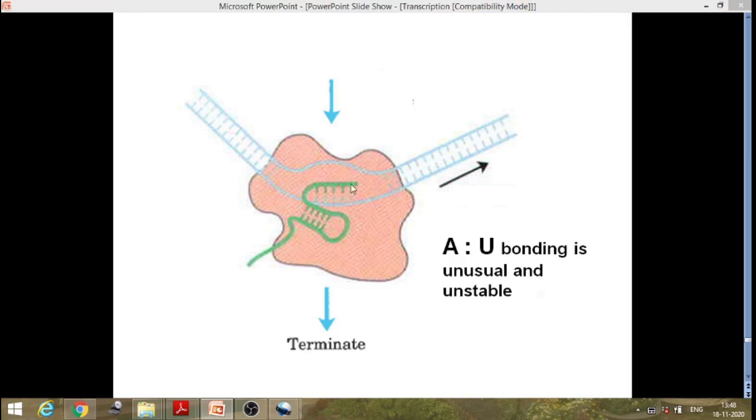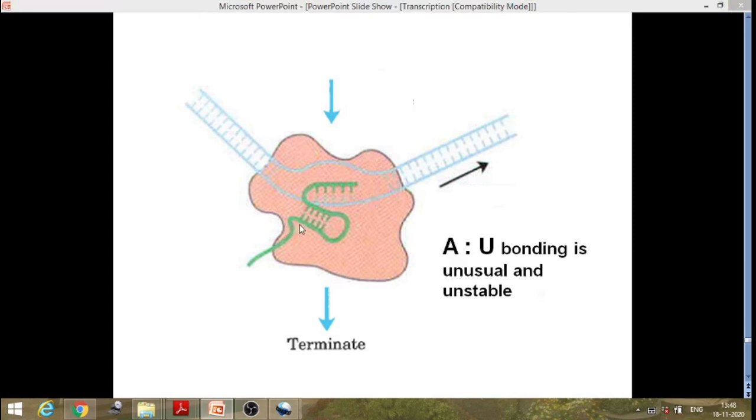AU base pairs are there just after the hairpin loop structure, and this hairpin loop facilitates the disruption of this AU bonding. AU bonding is unusual bonding, not according to Watson-Crick base pairing, and thus it is very unstable.